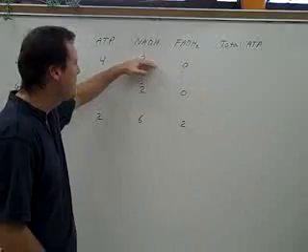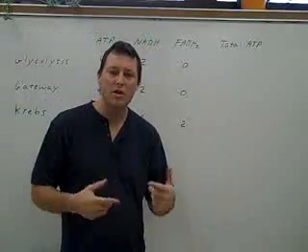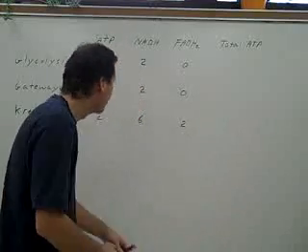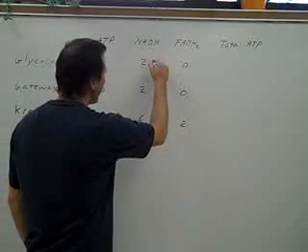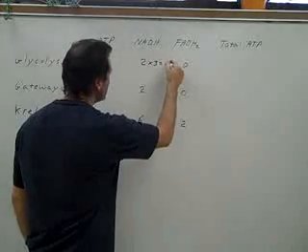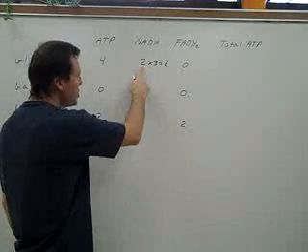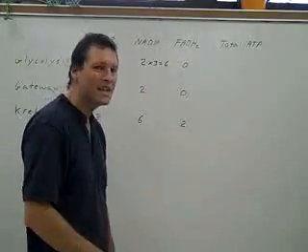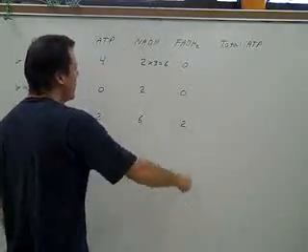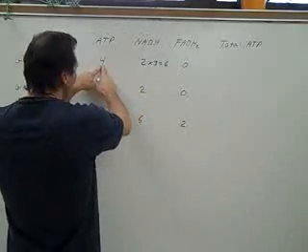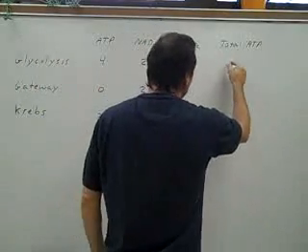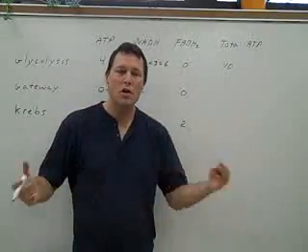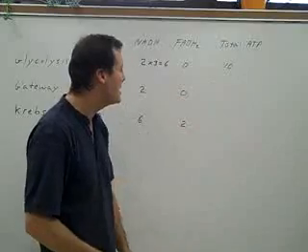Now we know that NADH is a carrier molecule and it's carrying enough energy to produce 3 ATP. So I'm going to write times 3 equals 6. 2 NADHs, each capable of producing 3 ATP for a total of 6 ATP. Now when we add these numbers up, 4 plus 6, the total amount of ATP that we'll ultimately produce when this is all said and done is going to be 10 ATP.